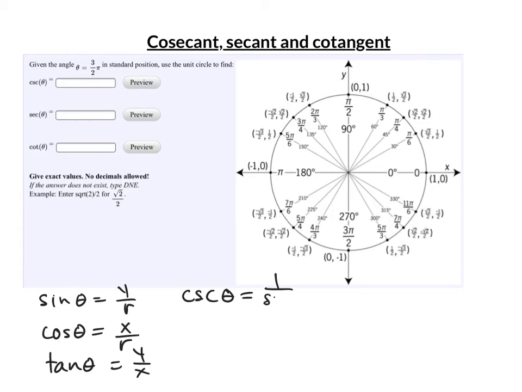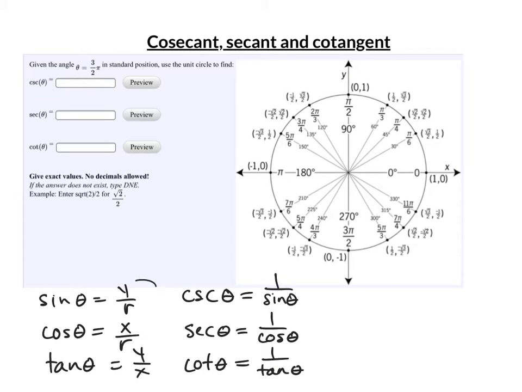It's 1 over the sine of theta. And the secant of theta is the reciprocal of cosine. So it's 1 over the cosine of theta. And the cotangent is the reciprocal of tangent. It's 1 over the tangent of theta.